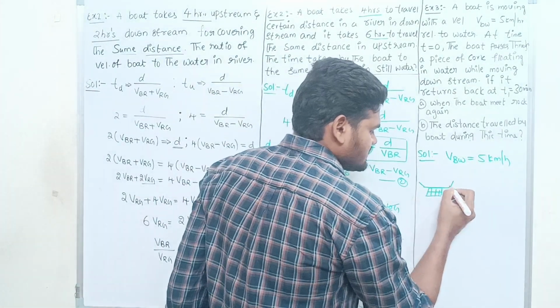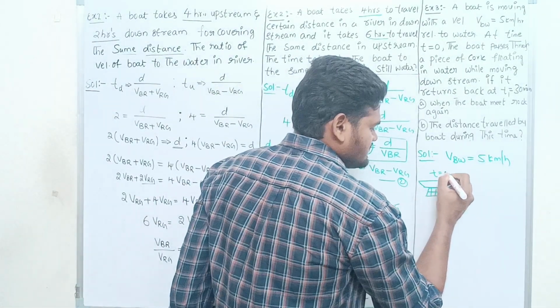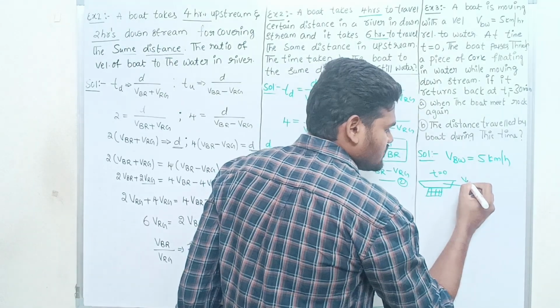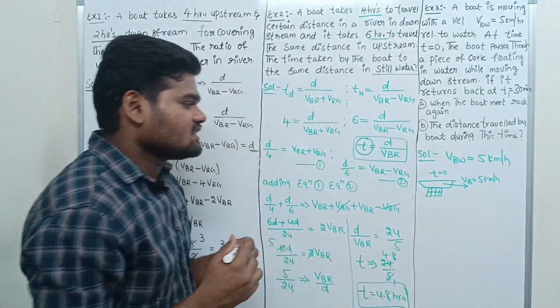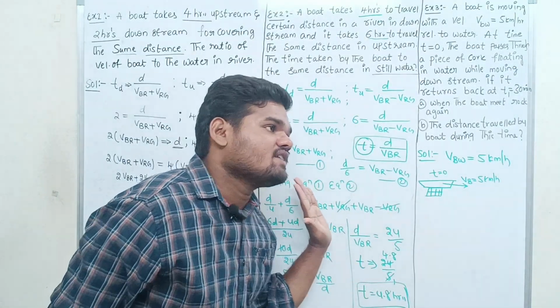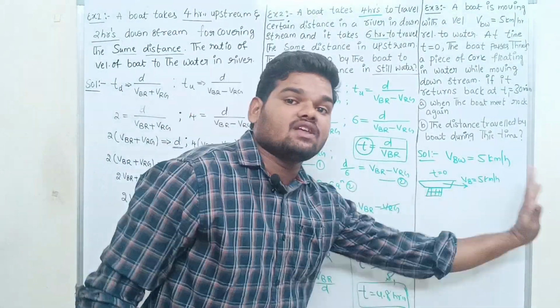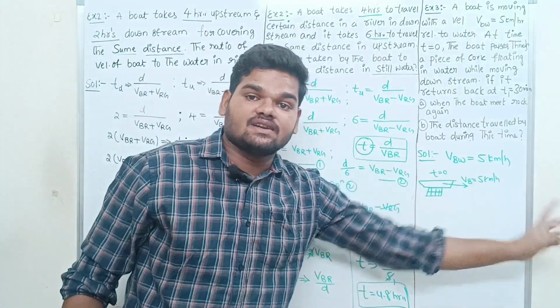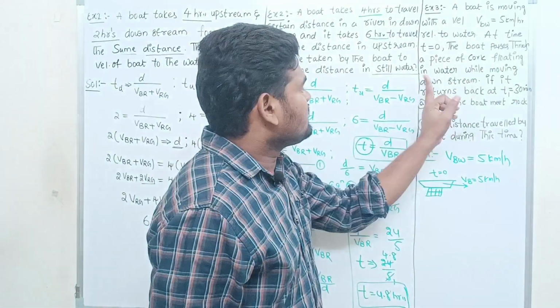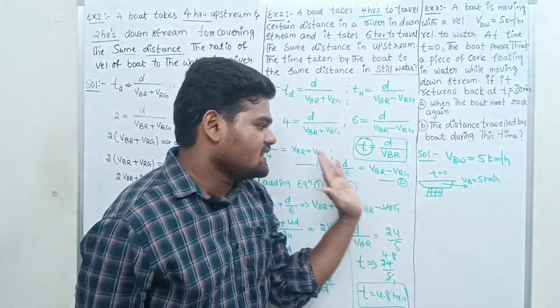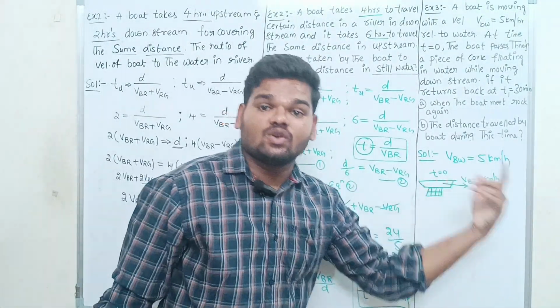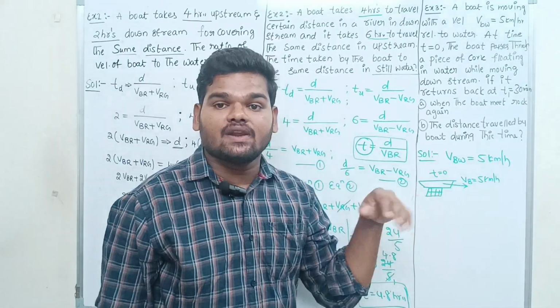So at time t equals 0, initially, this boat is moving with a speed of 5 kilometers per hour away from the craft, moving in the downstream direction. At time t equals 0, the boat passes the craft with a speed of 5 kilometers per hour.